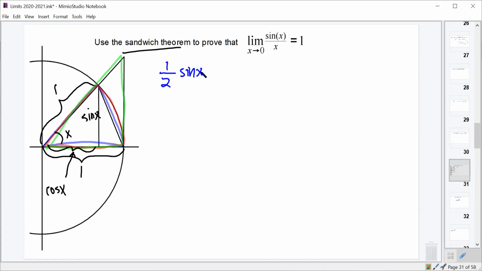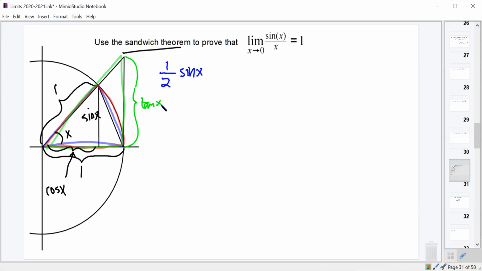Now let's talk about the green triangle. We know the base of the green triangle is also 1, right? But what about the height of that green triangle? It's tangent of x. Why is that tangent of x?